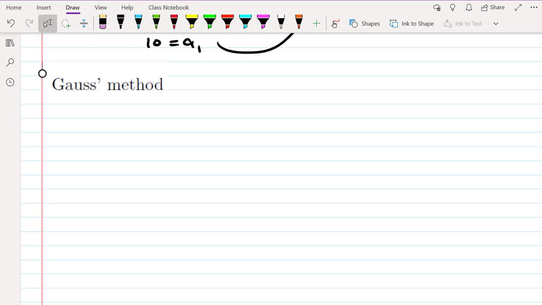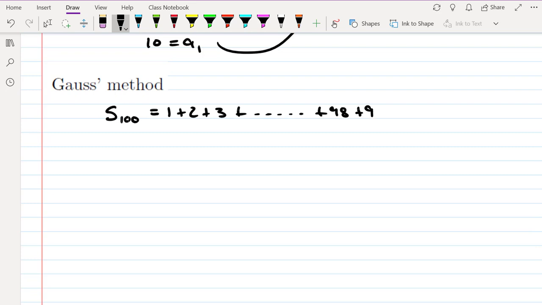So the question is, well then how did he do this? Well, here's the idea. So say we're trying to add up the numbers from 1 to 100, so that's S100 would be 1 plus 2 plus 3 plus all the way out to 98 plus 99 plus 100.